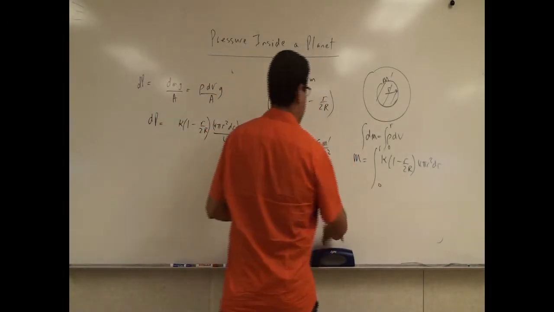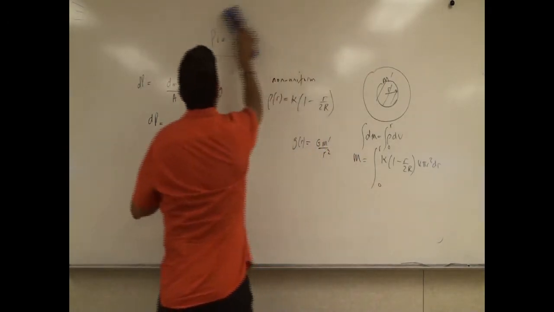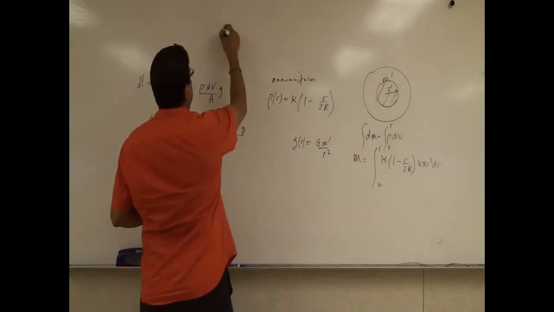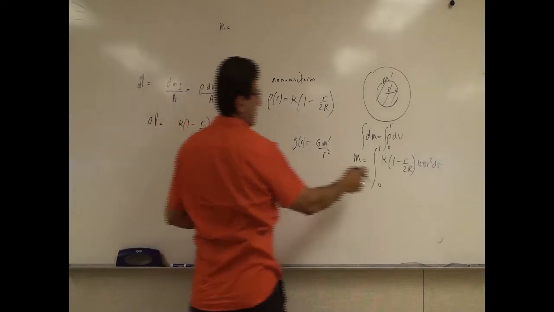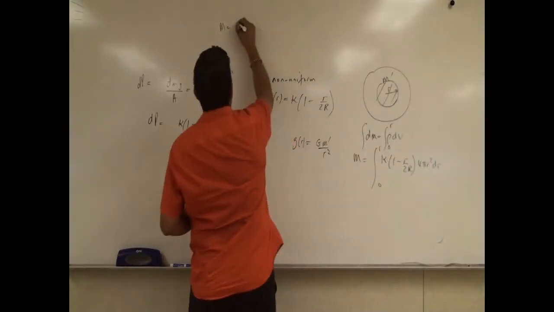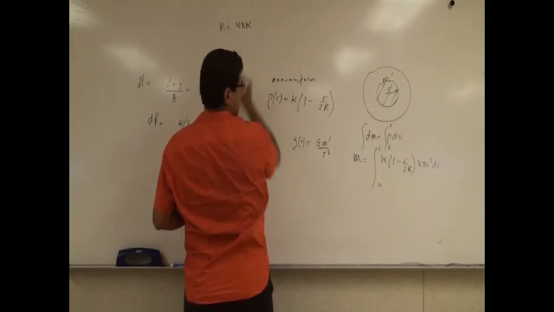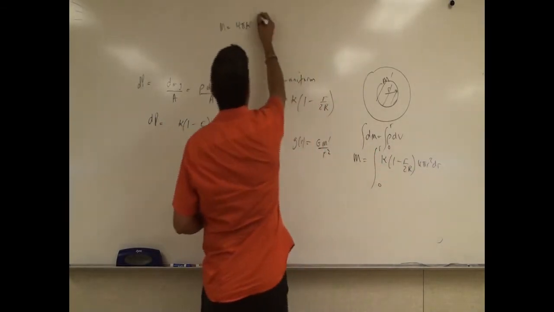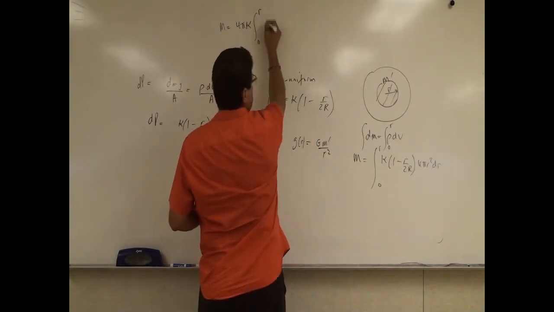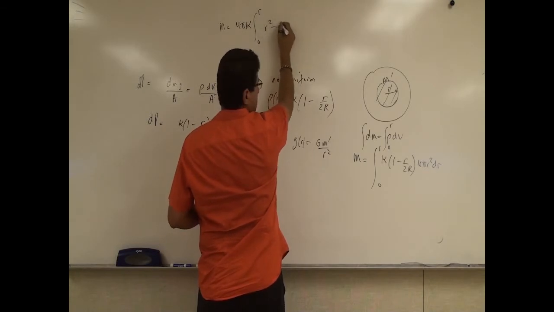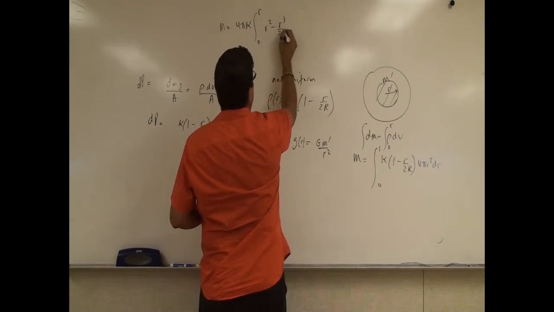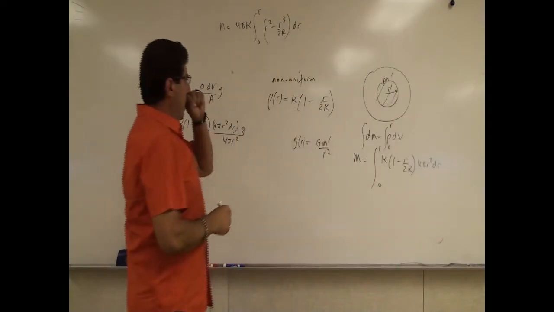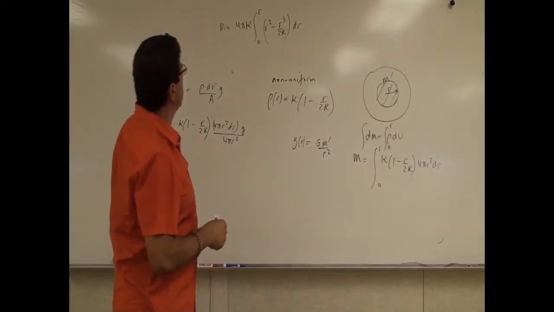So then we're going to integrate that. Here m is equal to, then the 4 pi kappa comes out. Then I can take the r squared, put it into the parentheses. So then I have here r squared minus r cubed over 2R. And then we have dr, right?